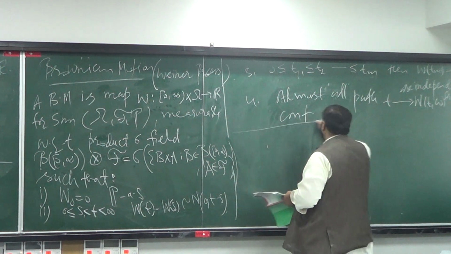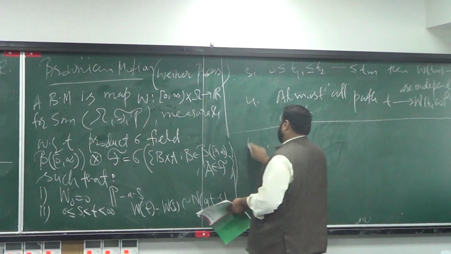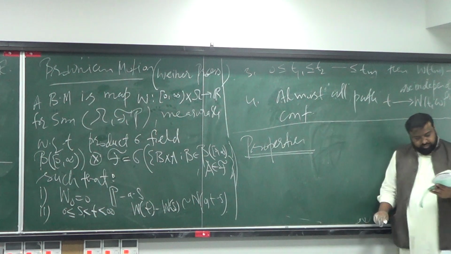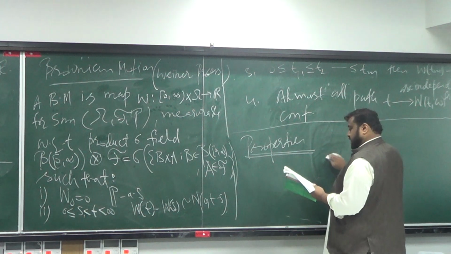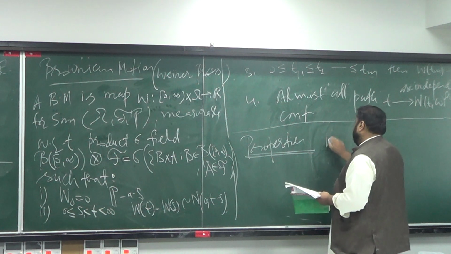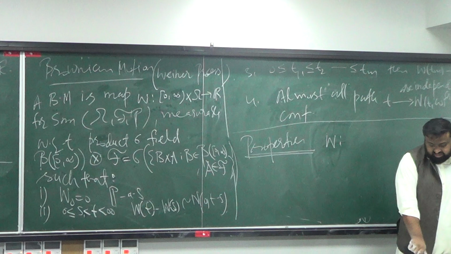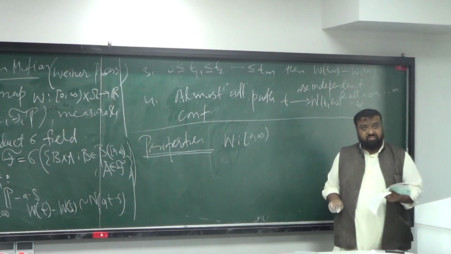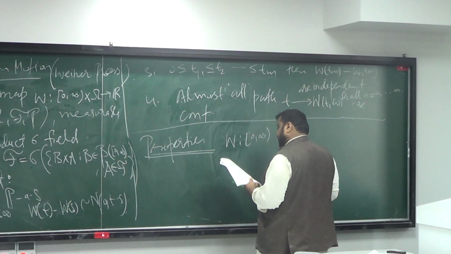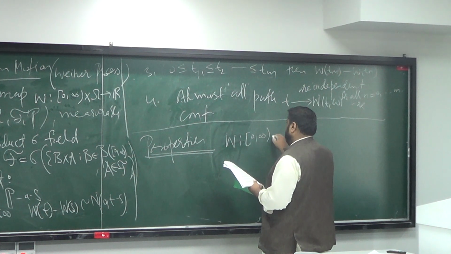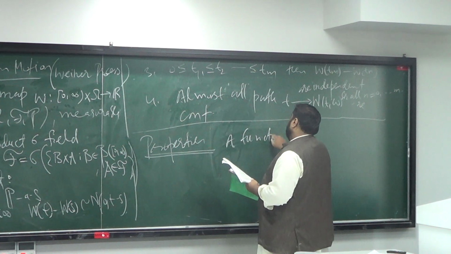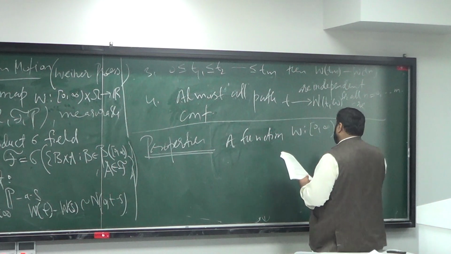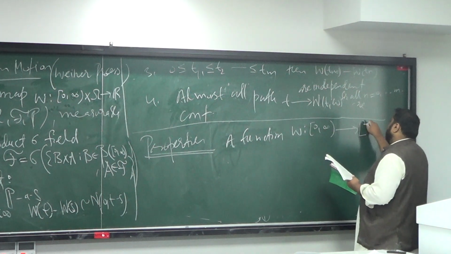One of the properties is that if you see this process, Brownian motion, with respect to the time for a fixed omega, a function W that takes 0 to infinity and takes values in L2 of omega.